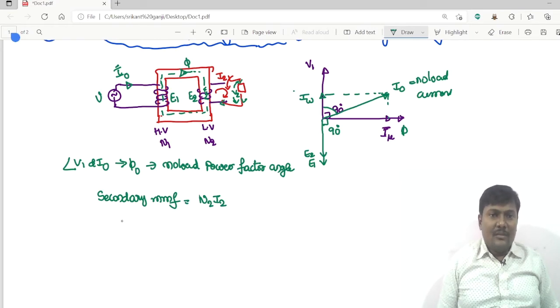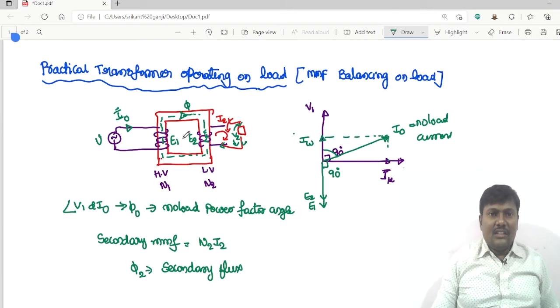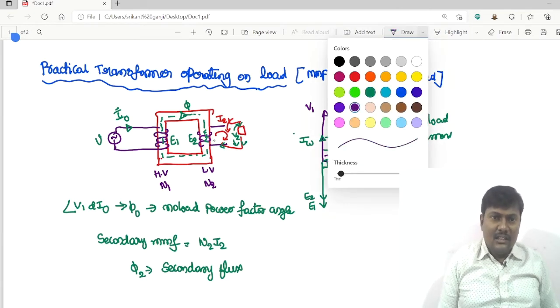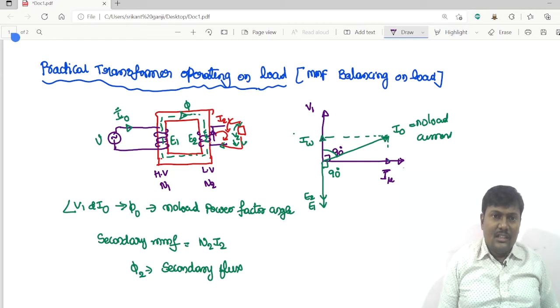With this secondary MMF, which will produce a secondary flux, where phi 2 is called the secondary flux. This secondary flux opposes the main field flux. So this is the flux direction at a particular instant, that is during the positive cycle.